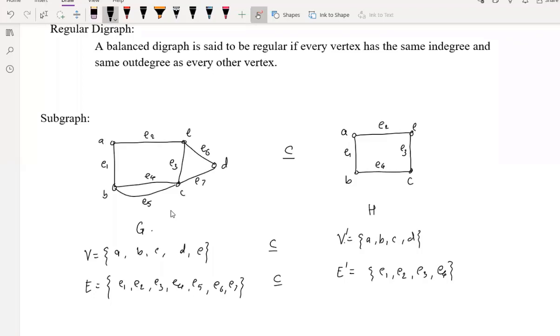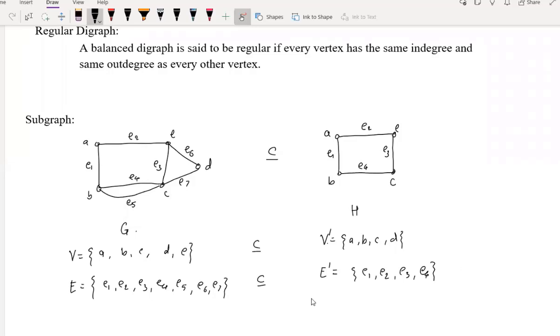So likewise, you can draw a number of subgraphs of one graph. मतलब एक ही ग्राफ के आप number of subgraphs draw कर सकते हो. You can draw any number of subgraphs of any graph. So ये एक subgraph हुआ. So H1 is one subgraph of the graph G. So likewise, I'll draw one more subgraph.